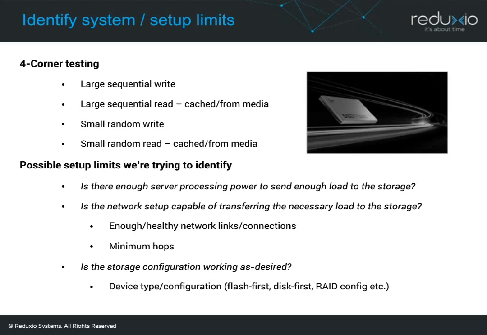So what are the four corners? Large sequential write. This will identify the maximum practical throughput that I could write into my system. The same goes for large sequential read. I'm identifying specifically here that read may be entirely cached from the system's RAM.